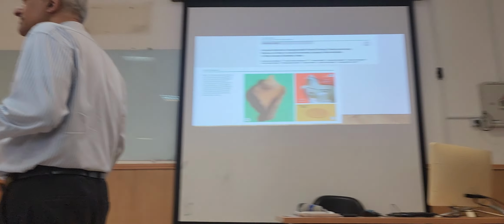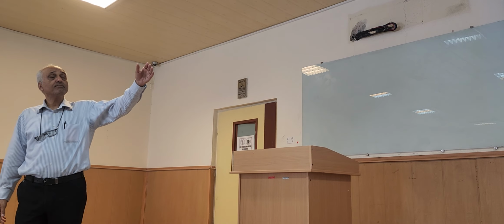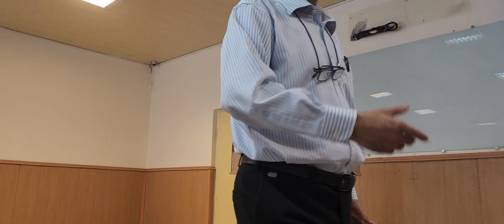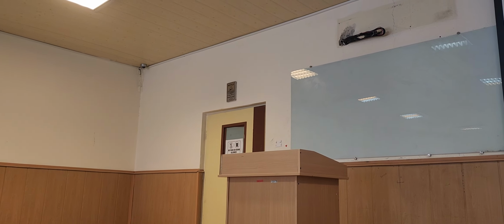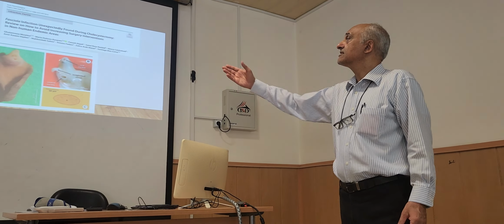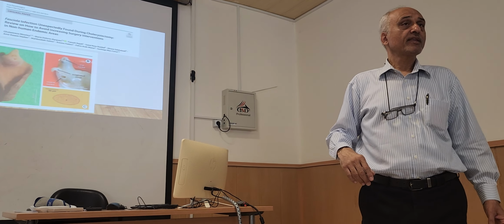I told you endemic areas are places with standing water, with rivers. We found it in some places in the southern part of Khorasan province, and the surgeon found something in the cholecystectomy. They sent that to us, and we found that the parasite is Fasciola.